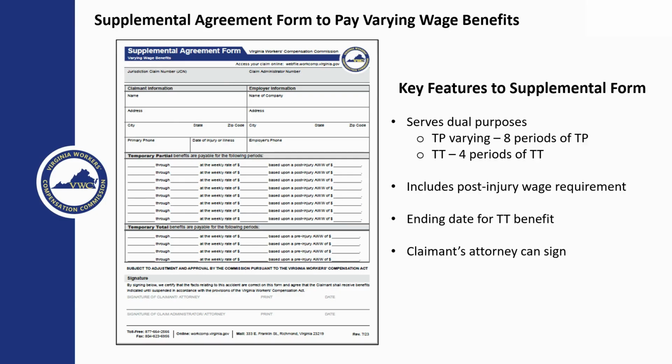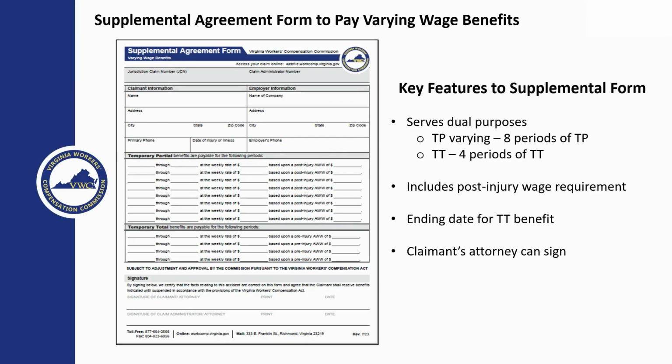We recognize the authority that a claimant's attorney has with regard to signing on behalf of their client, and as such, we have noted the ability for the claimant's attorney to sign on behalf of their client in the signature portion of the form. Please note, this form is for additional wage loss claims only and cannot be used for an initial award of benefits.